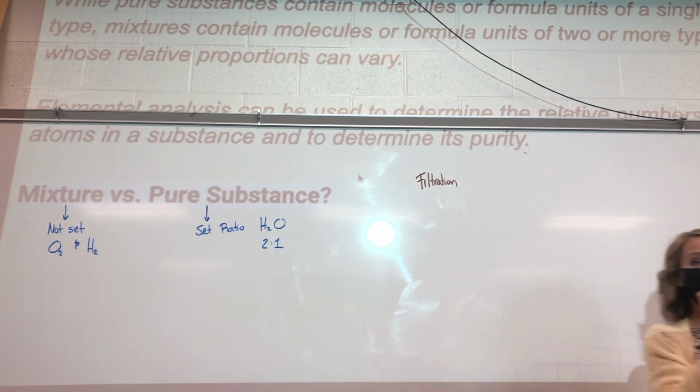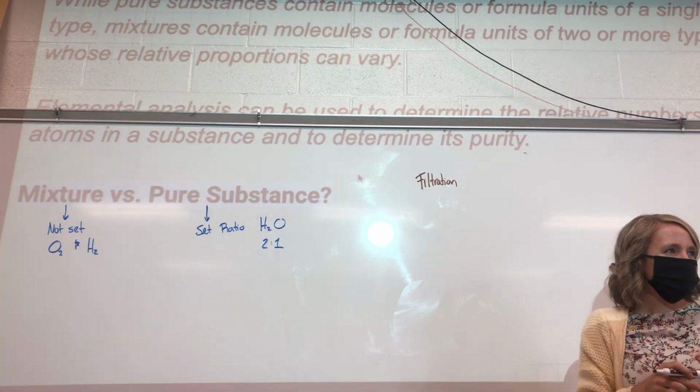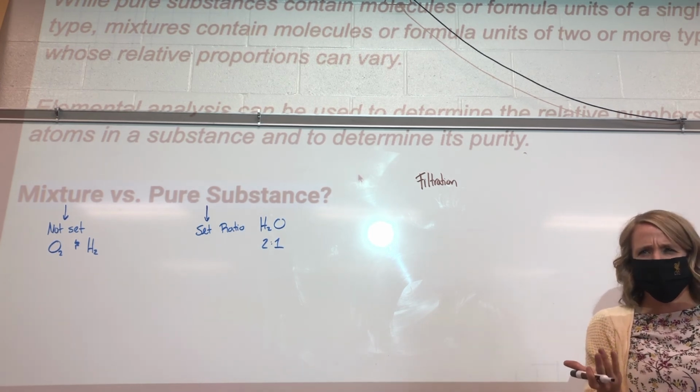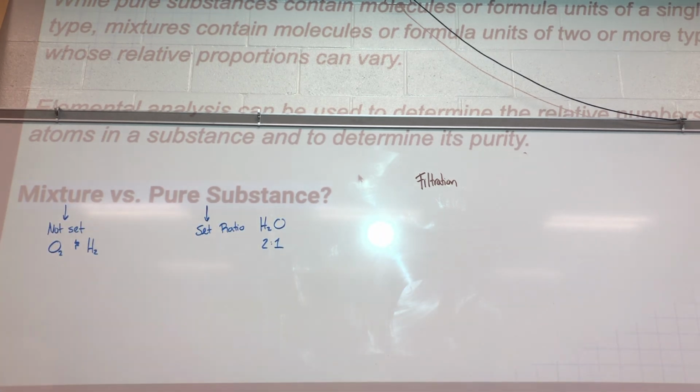The really scientific name for filtration is gravimetric analysis. Isn't that like the gravity? It's literally because it's just using gravity to separate them, but it makes it sound really high tech. So don't be frightened if you read a question that says they separated through gravimetric analysis.